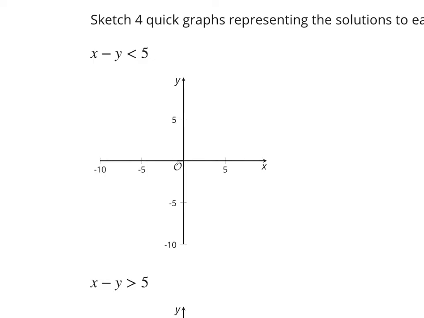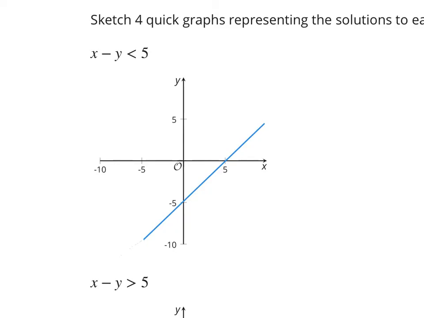The first thing I'm going to do is draw the line, since I know what that looks like. It'll look a little bit like that. And now I'm going to figure out where my solutions fall. Do they fall above the line, or below the line?